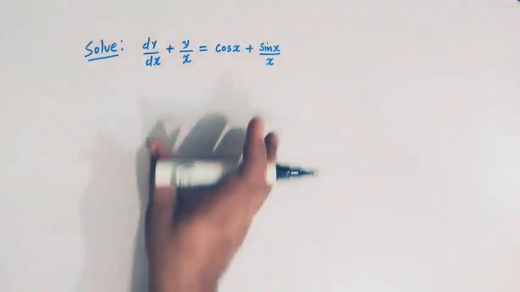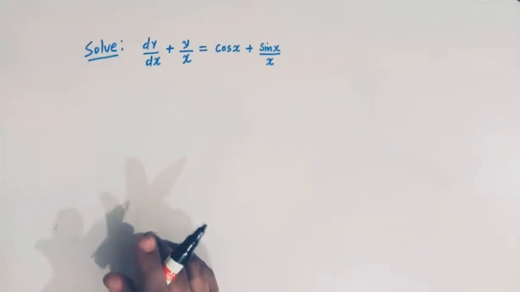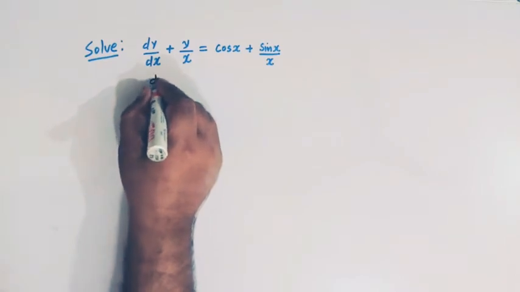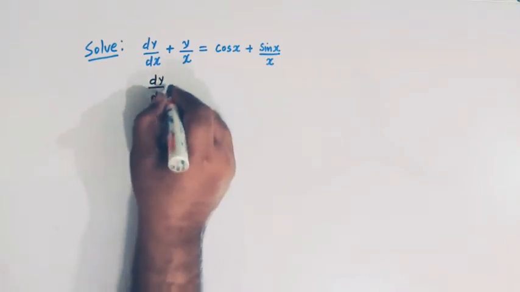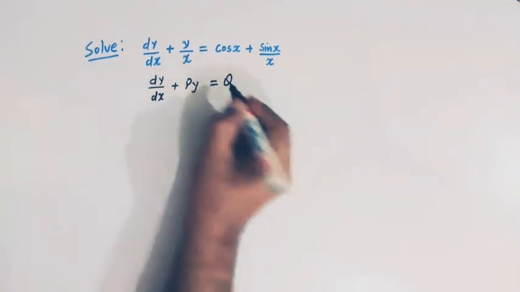So why are we calling this equation a linear differential equation? Because this equation is of the form dy over dx plus py is equal to q, right?